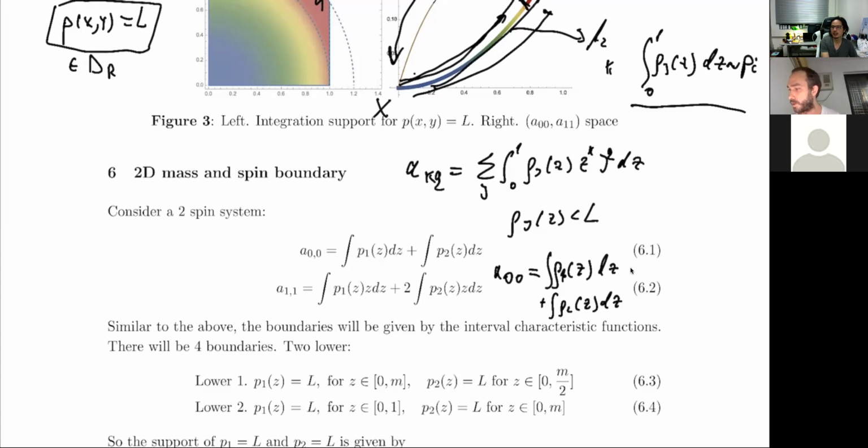So this is for k. And then for k equals 1, this integral, you get the largest space where this is maximized, so this is just 1.